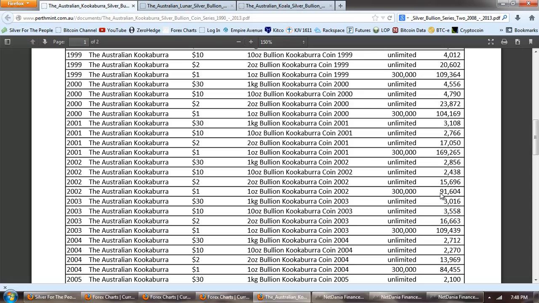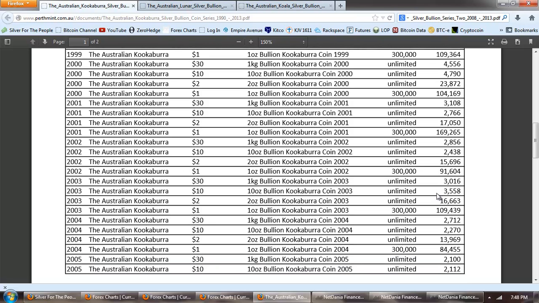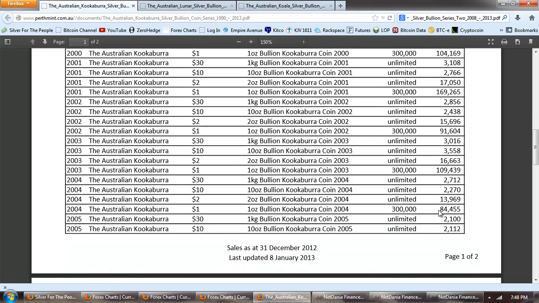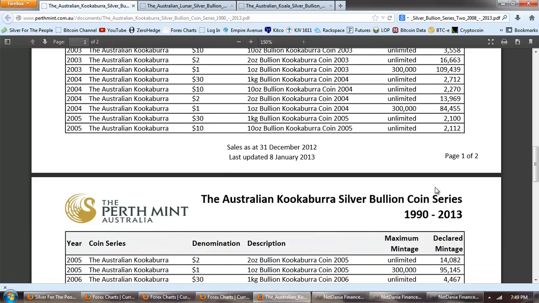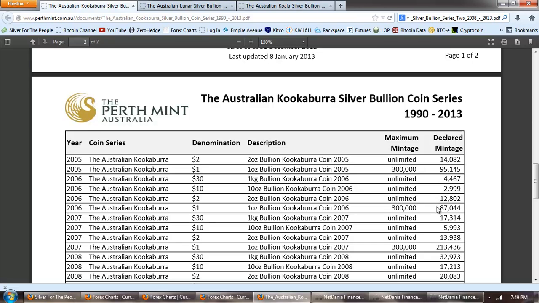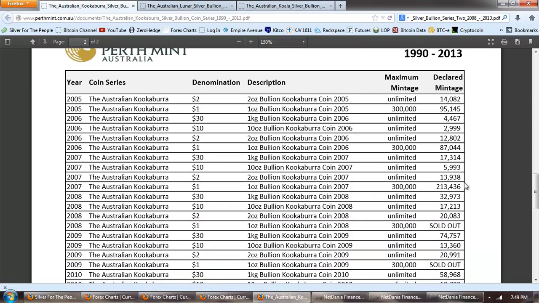The low one here is going to be 2002, where they only put out 91,000. Then we start to come up 109, and then we hit, this is probably the lowest here at 84,000 in 2004. Got 95 in 2005, 87 in 2006.